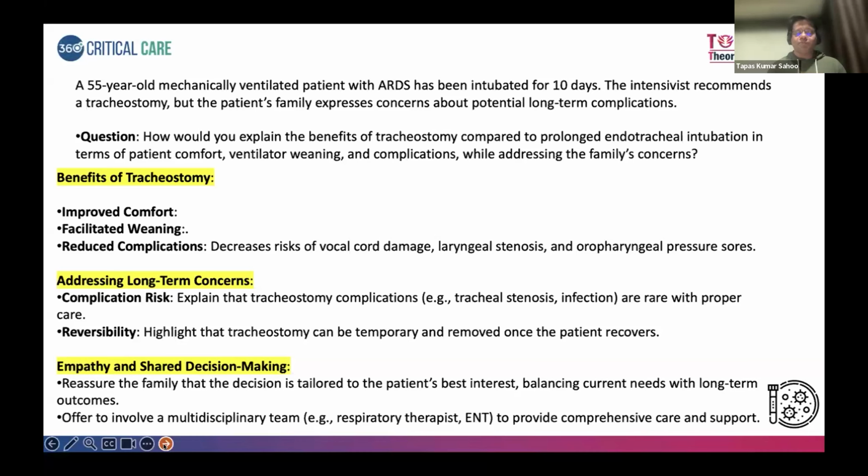So you can show empathy and shared decision making by reassuring the family that the decision is tailored to the best of the patient's interest, balancing the current need and the risk-benefit ratio with long-term outcome, and involve a multidisciplinary team like respiratory therapist and ENT to provide comprehensive care and support.